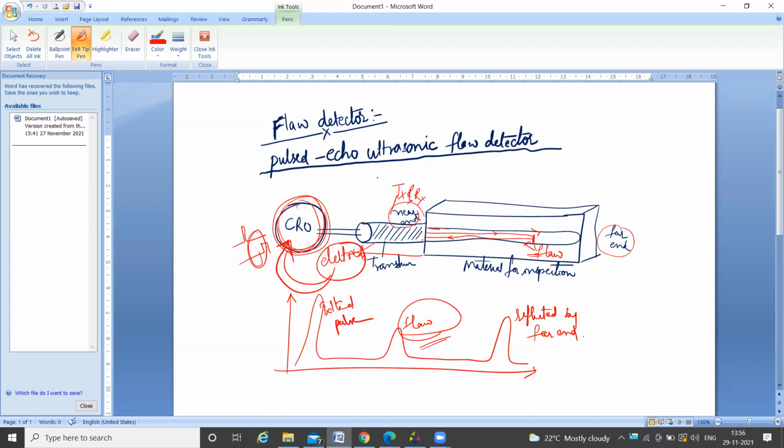Here one transducer converts any flaw echo into its electrical form. This electrical output is connected to the CRO, and the CRO displays the respective pips and pulses on the screen, meaning the echo pulses are the transmitted pulse and the pulses reflected from the flaw and the far end. And this is all about ultrasonic flaw detection.